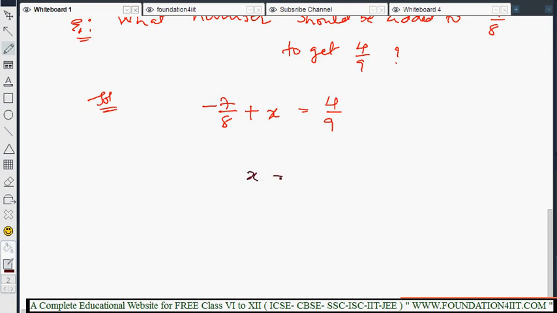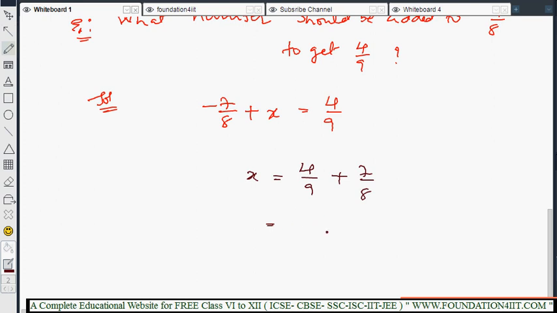So x is equal to 4 by 9 and minus 7 by 8, when we take it to the other side, becomes its additive inverse, that is plus 7 by 8. Then the remaining is the normal procedure.